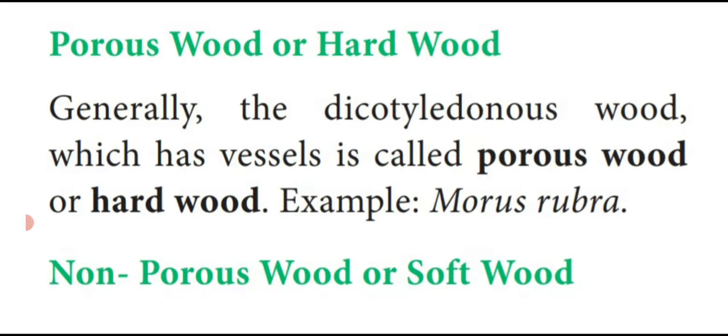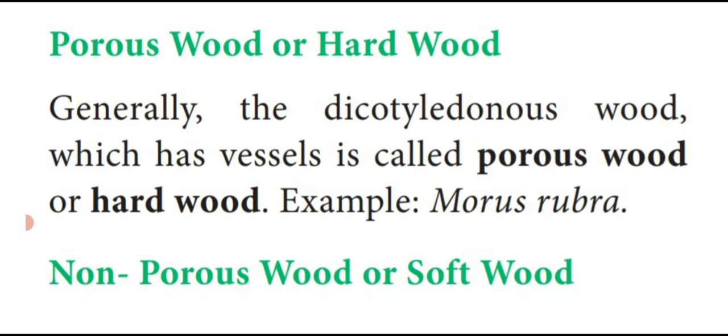It is present in the dicotyledons. Wood which contains vessels is called porous wood. The wood with vessels means porous wood or hardwood. It will be very hard. Example, Morus rubra. Non-porous wood or softwood. Generally it is present in gymnosperm wood which lacks vessels.